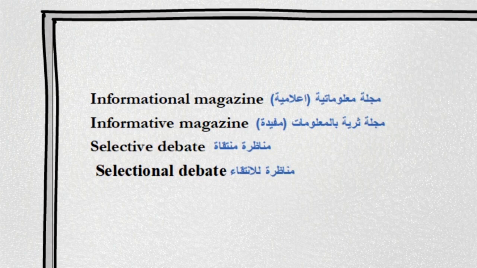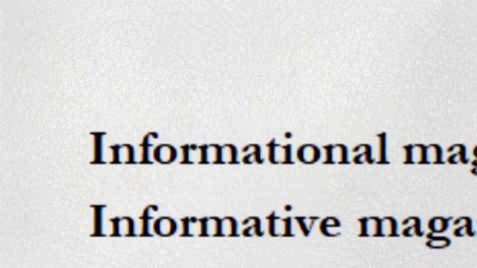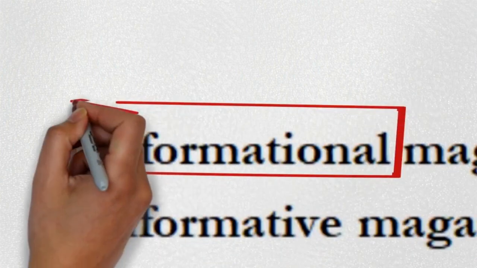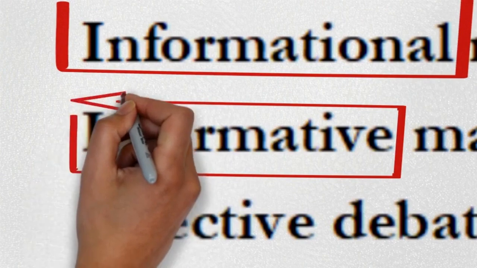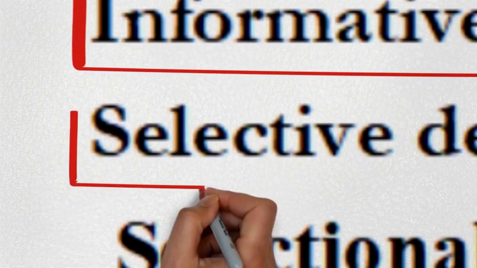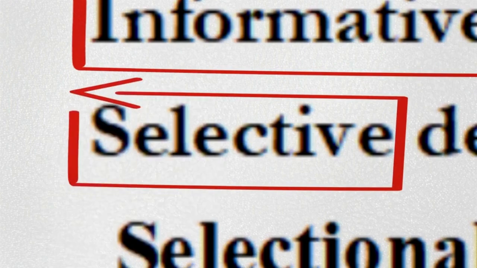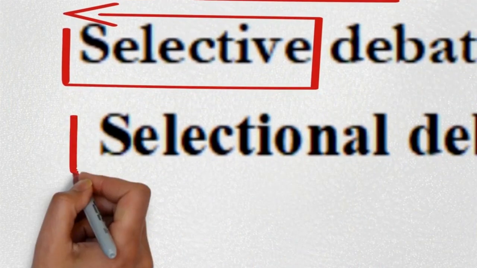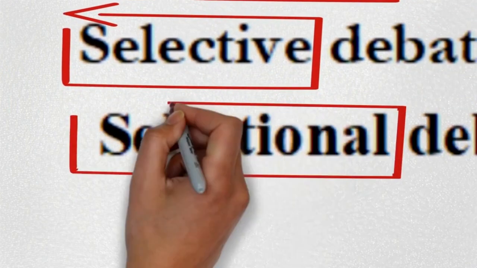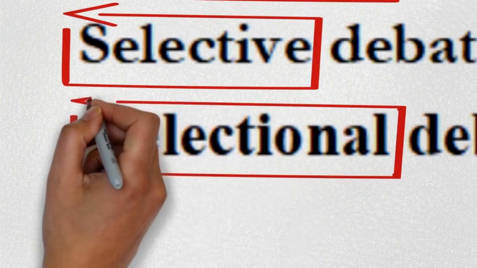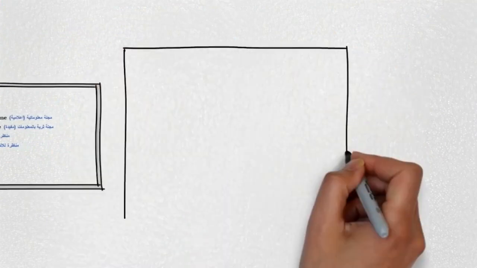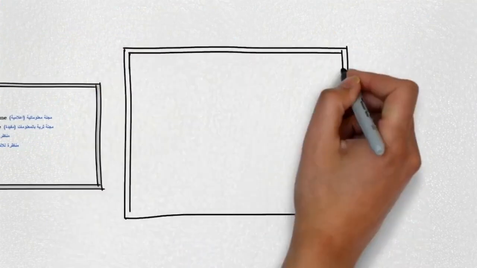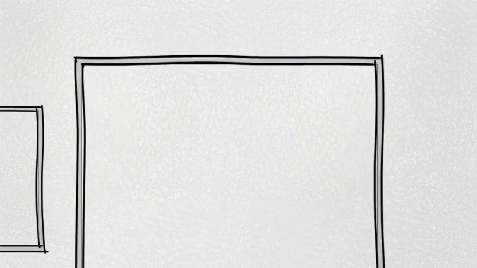Selective debate, مناظرة منتقاة أو انتقائية. Selectional debate, مناظرة للانتقاء. The first adjective means relating to information, and the second refers to the ability of giving information. As to the word pair, selective, selectional, the first means having the ability of selection, انتقائي, while the second pertains or is related to selection.